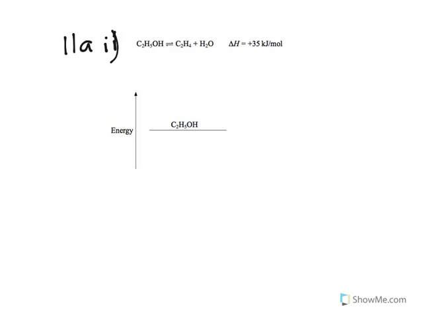Okay, so question 11a2 asks you to complete and label the energy profile for this reaction. So in the beginning you have C2H5OH at a certain energy level, and you have to just figure out how the products are compared to C2H5OH. Now they've told you delta H for the reaction is plus 35.